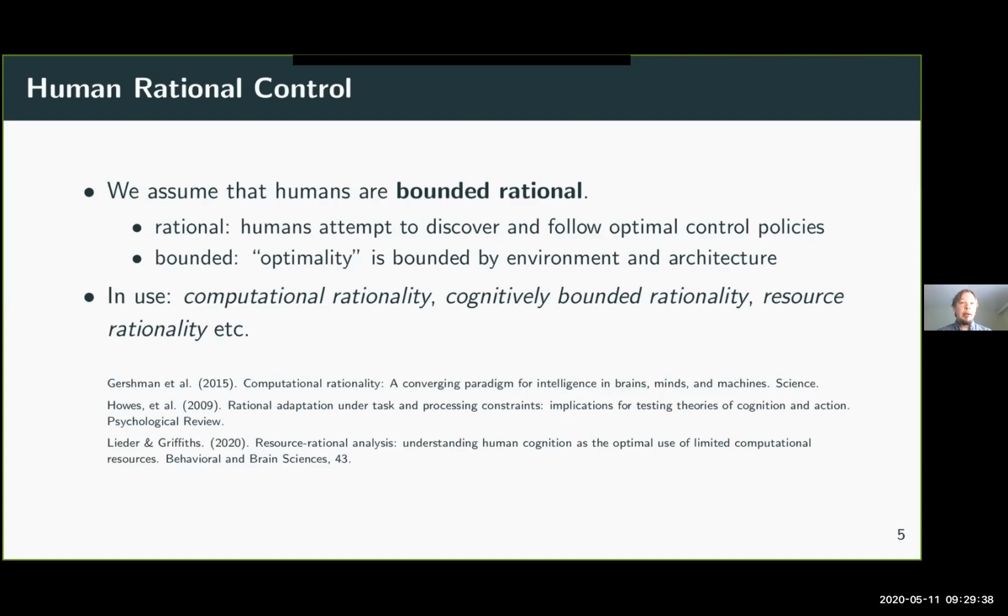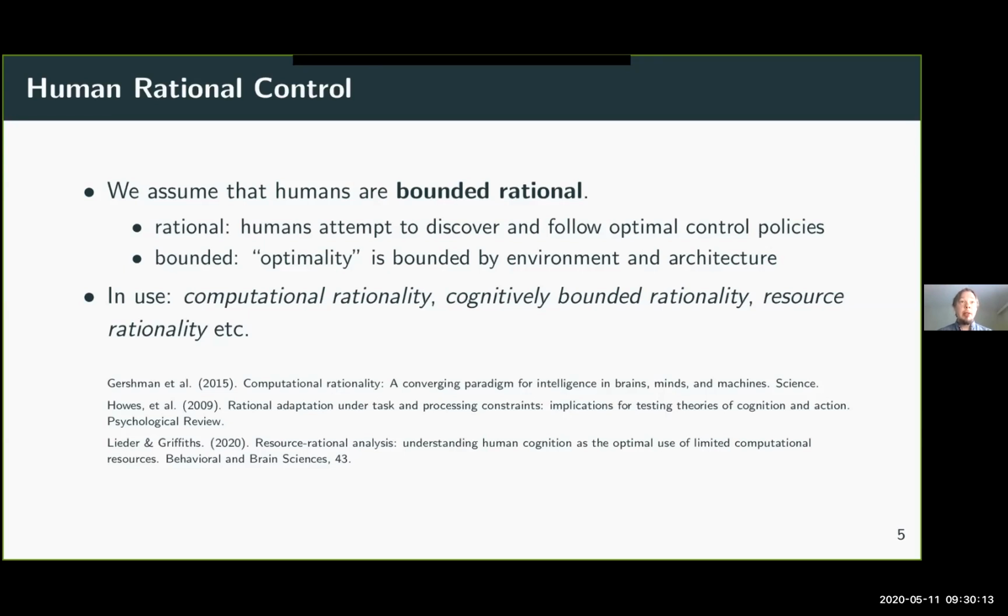Due to the vastness of this idea, I think there are a lot of different, partially competing frameworks for investigating the human bounded rational nature. So there are topics such as computational rationality, emphasizing the computations that the human brain carries out. There's the cognitively bound rationality, which emphasizes the bounds imposed to human problem solving by its own cognitive architecture.